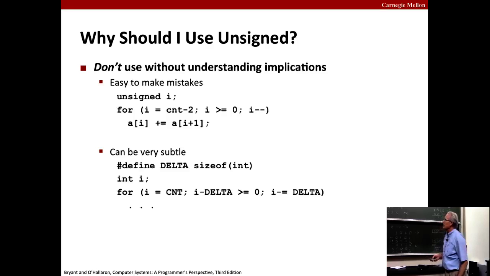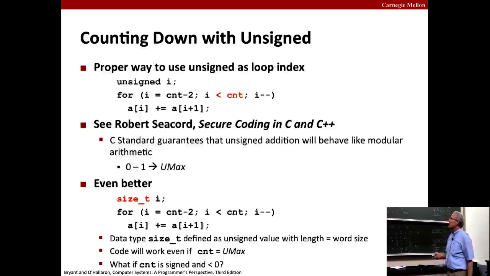So one way to deal with that is just don't use unsigned. And make sure if this is a possible unsigned number, you cast it to signed. You make sure that this is recognized as signed. But there's another way. There's a fellow over at the Software Engineering Institute named Robert Seacord, who has written the books that are sort of considered the gold standard for how to write secure code.